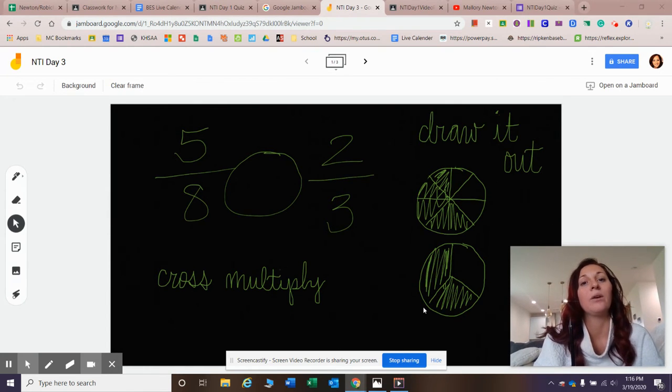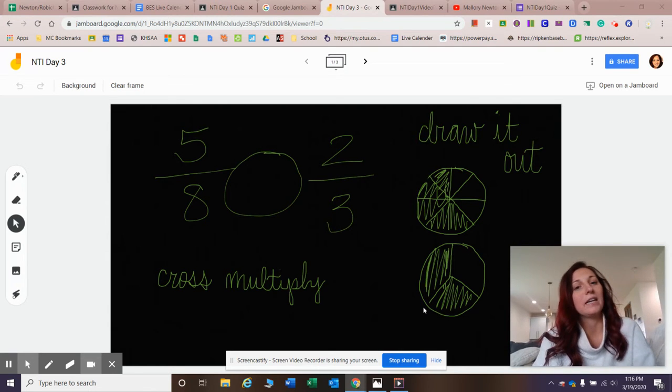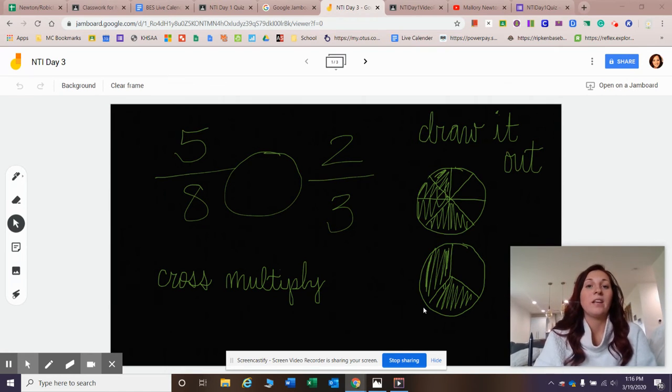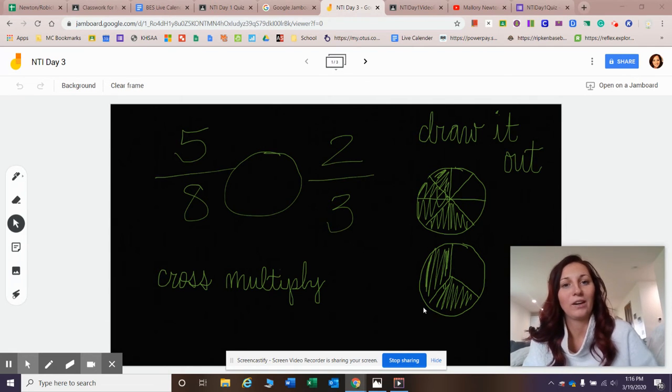On day one, 4 out of 5 was the average for the quiz, and on day 2, the average was 3 out of 5. So we're going to keep drilling cross multiplication, and hopefully next week we can dive into adding and subtracting fractions.